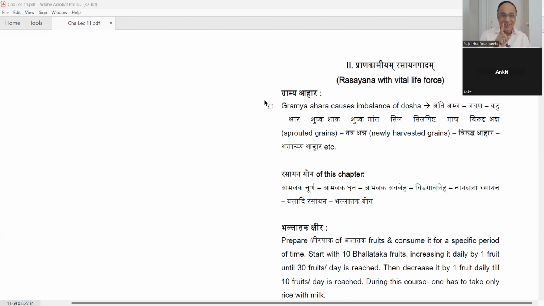Don't forget this. Please write down left lateral position. Then in Basti Sutriya, you have to talk about Eranda Muladi Niruha Basti, then Yashtya Yavyadi; Yashti means Yashtimadhu. Then Pradhana Karma, Paschat Karma, etc. Rasnadi Niruha Basti is also there.